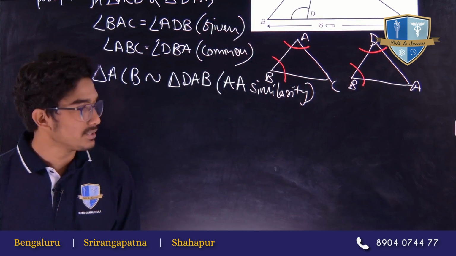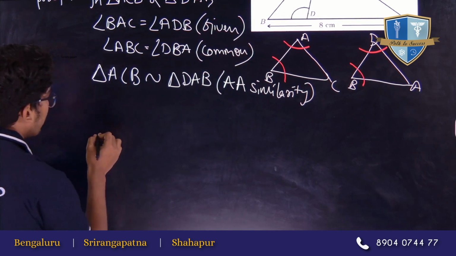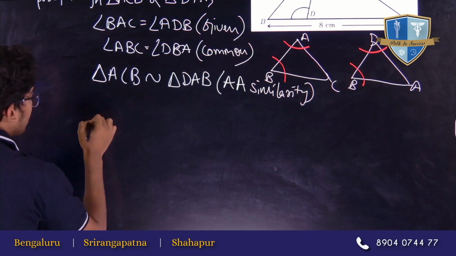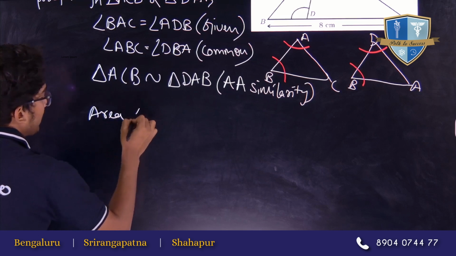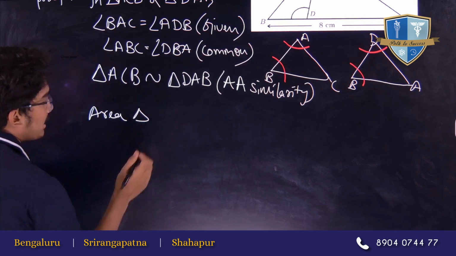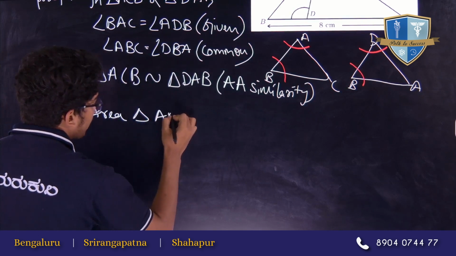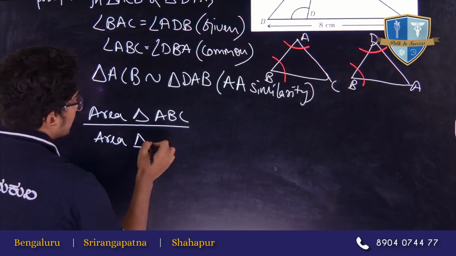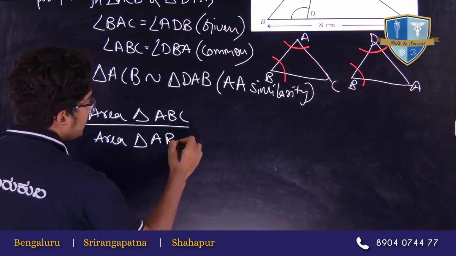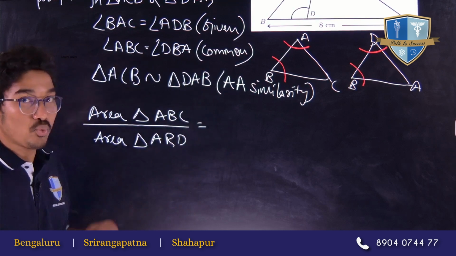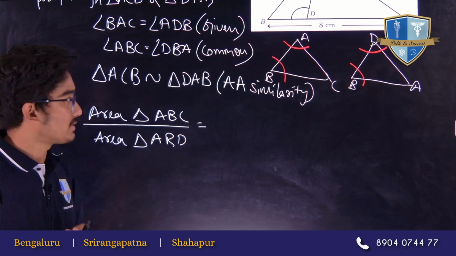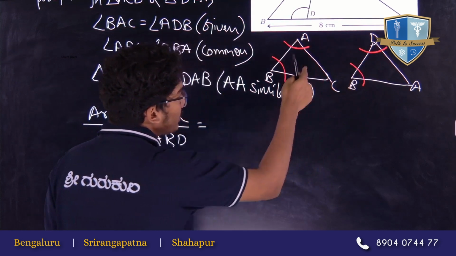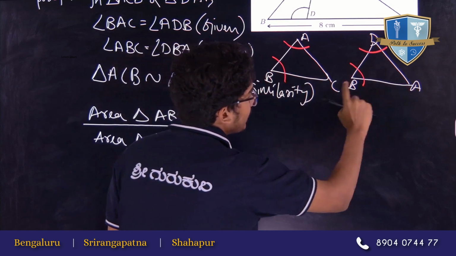Now, if two triangles are similar, according to theorem 6.6, the ratio of their areas, that is area of triangle ABC, ACB and ABC is the same triangle, divided by area of triangle ABD, will be equal to the square of the ratio of corresponding sides. If I am seeing this angle as common, then their corresponding sides will be BC and AB.